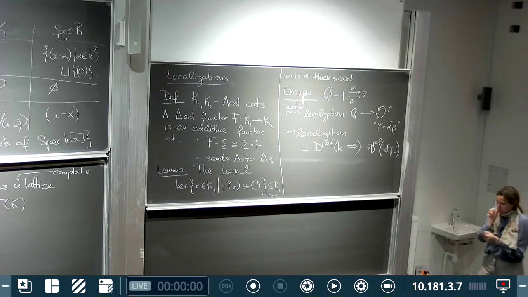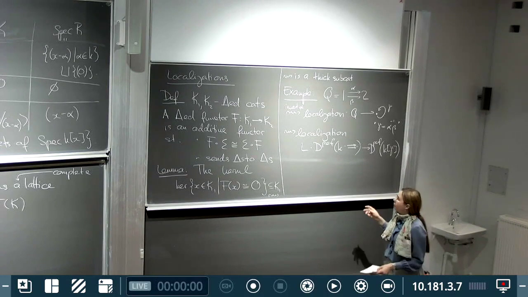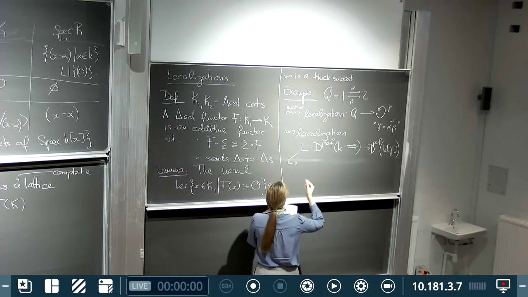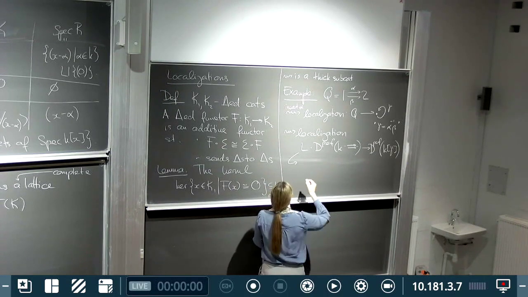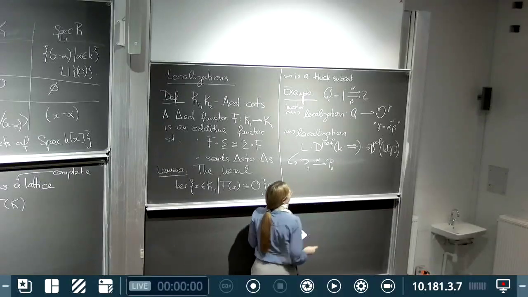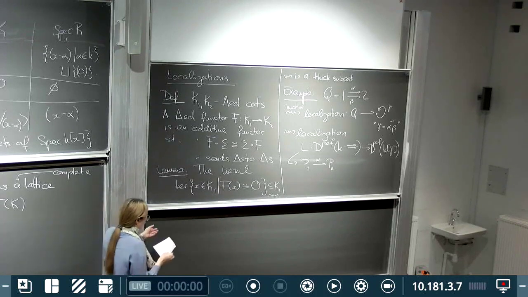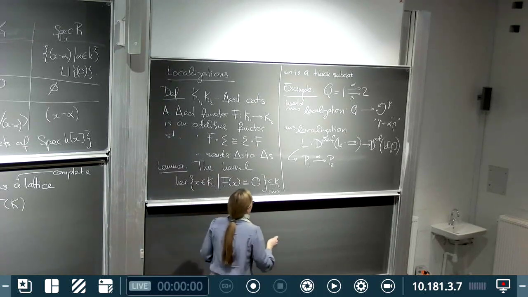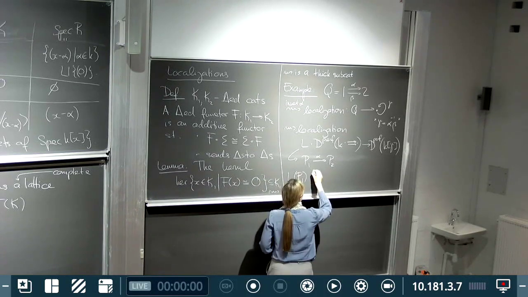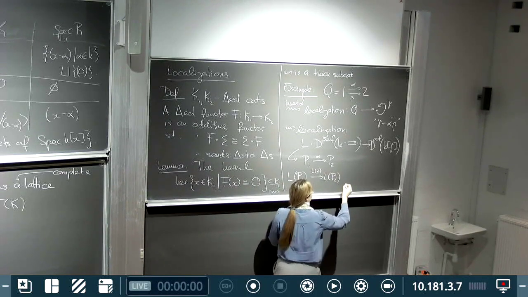All right. So, what does this localization do? Well, it just inverts the map from P1 to P2 given by alpha. So, in other words, when you evaluate this map, this is an isomorphism.